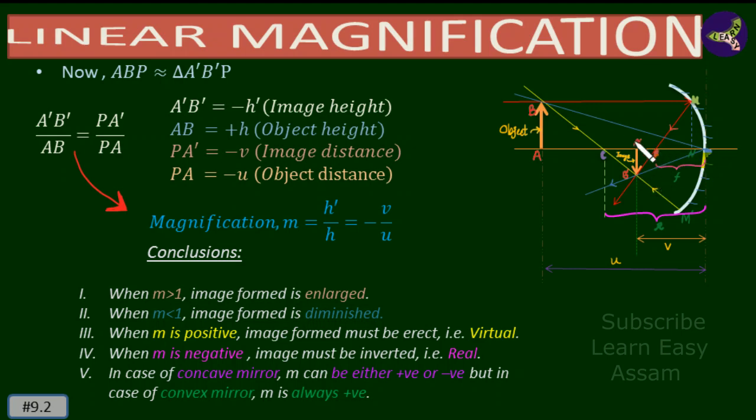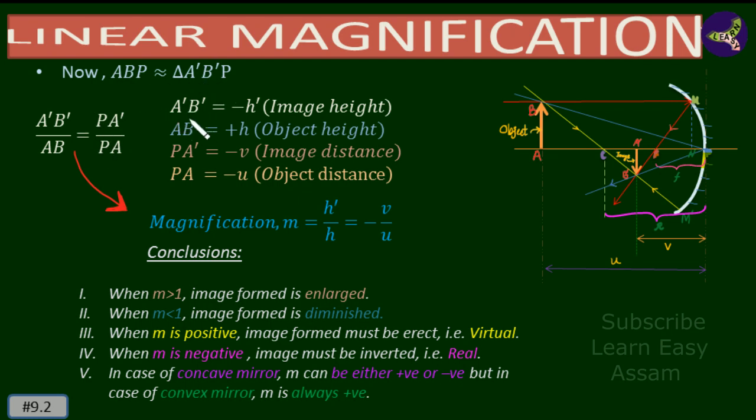These two triangles we have to consider to find the linear magnification. So we can easily derive the ratio A'B' by AB is equal to PA' by PA from the similarity property of the triangles.